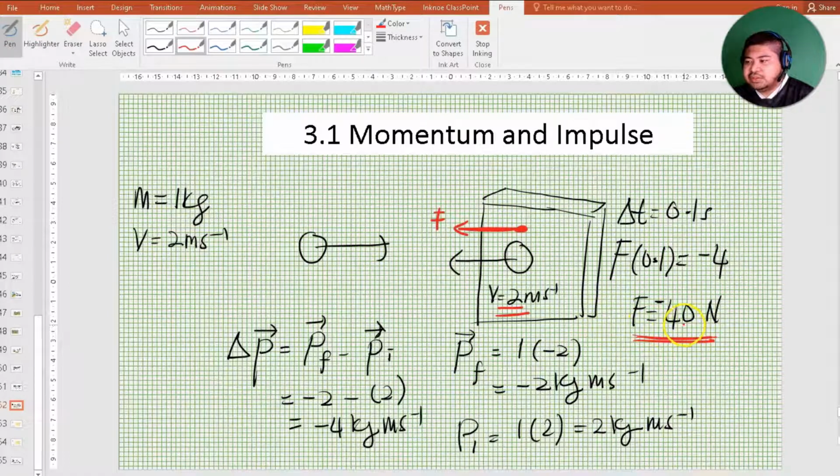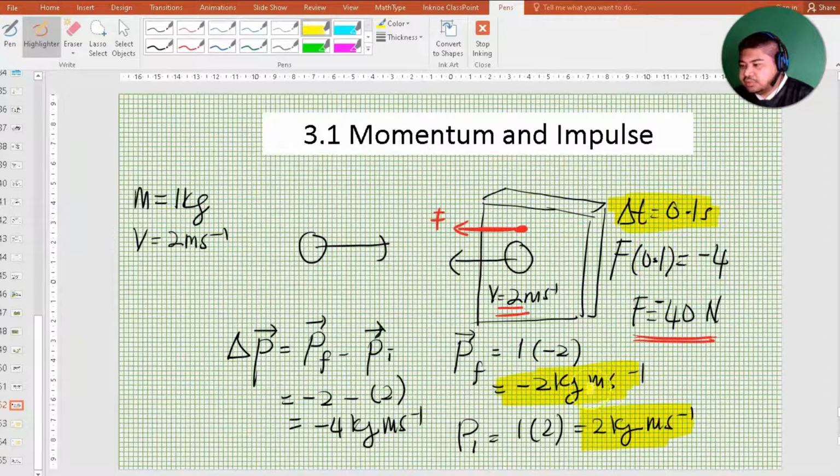40 Newton. So that is the amount of force that is applied on the ball to change the momentum of the ball from 2 kilogram meter per second to -2 kilogram meter per second in 0.1 second.